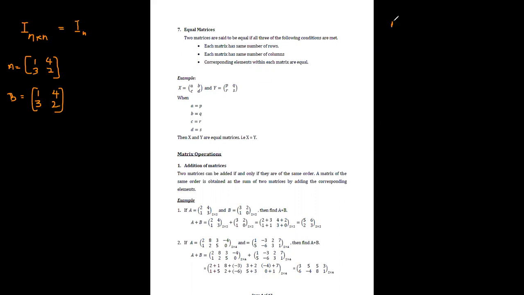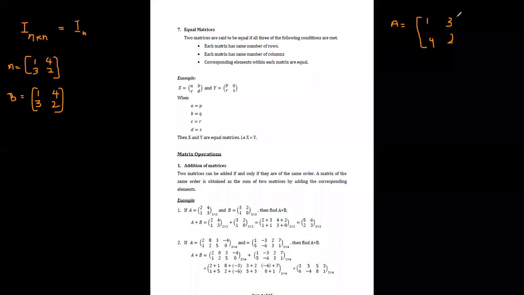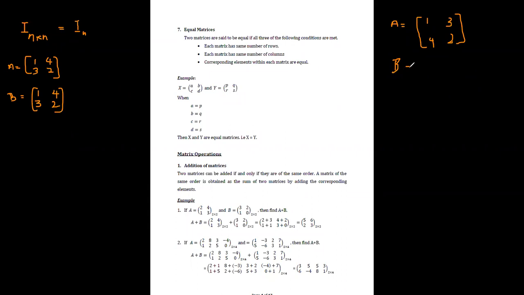Suppose you have matrix A, which is 1, 3, 4, 2. I am taking another matrix, matrix B, as 3, 1, 4, 2.